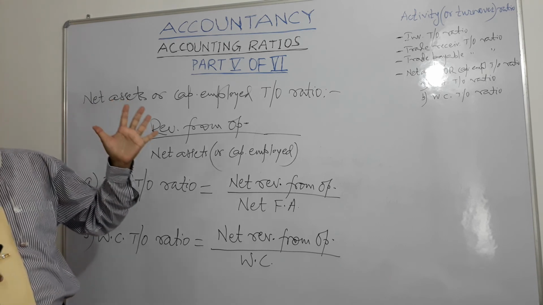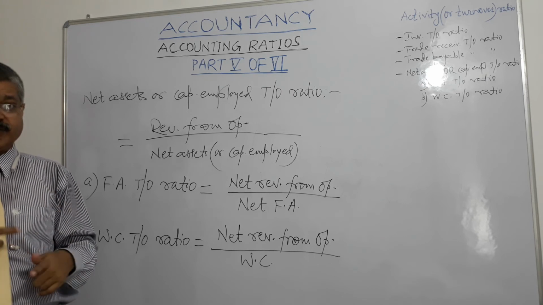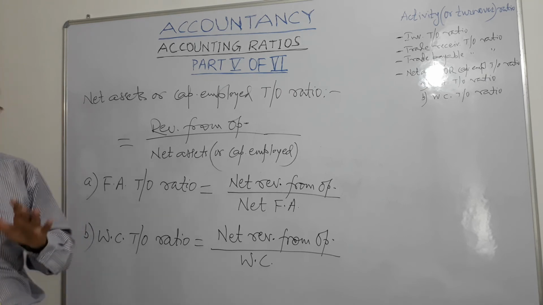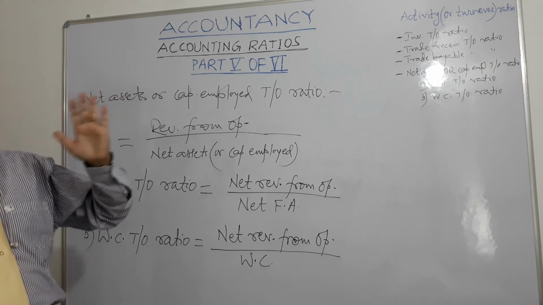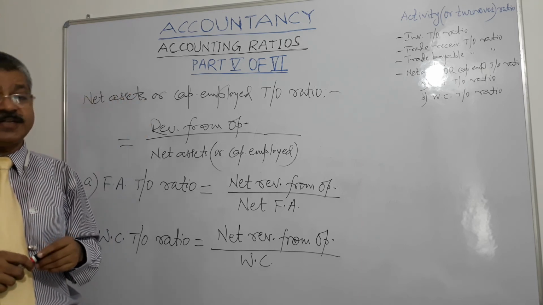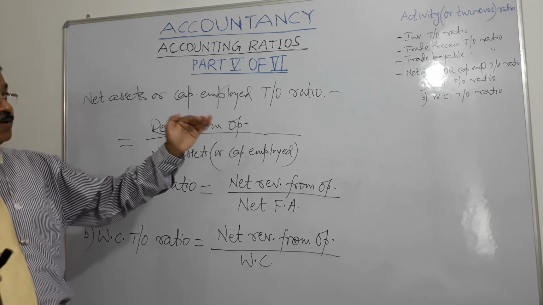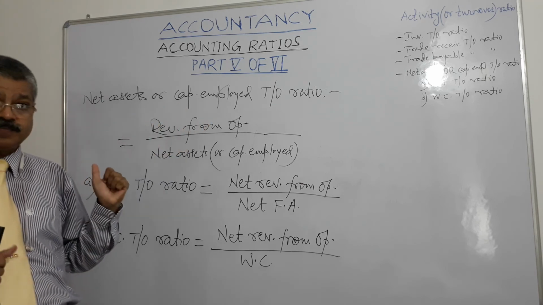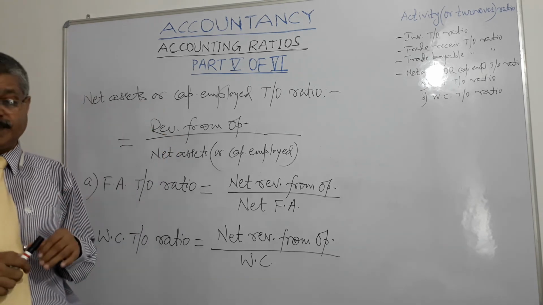A higher turnover is good for the business and indicates higher liquidity, higher profitability and higher efficiency, right? Then working capital turnover ratio is measured as net revenue from operations divided by working capital.